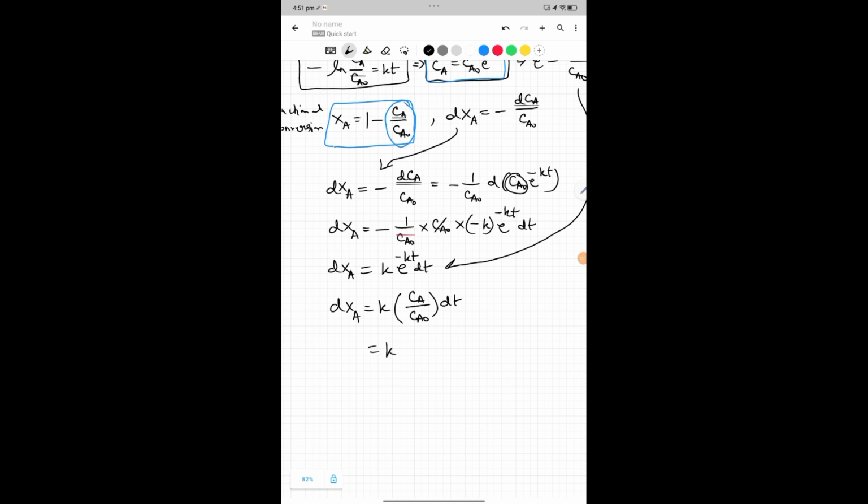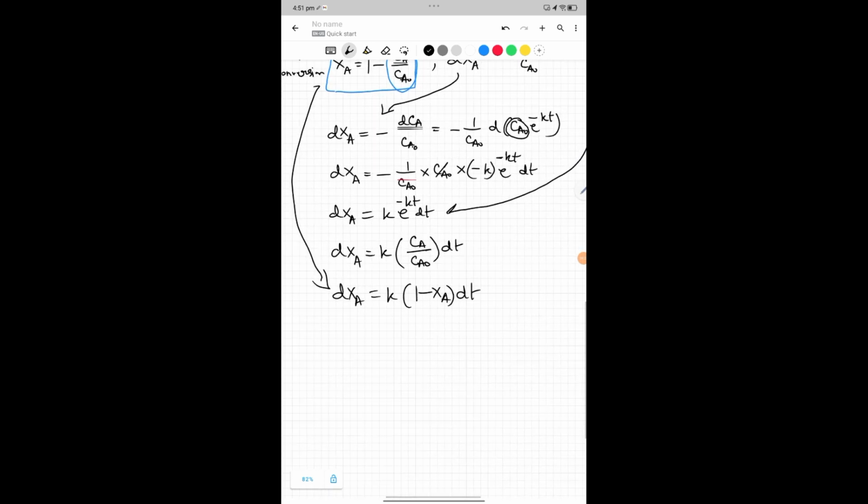It's k into 1 minus xa dt. So this gives you dxa by dt is equal to k into 1 minus xa.